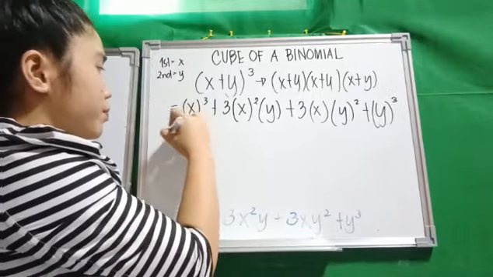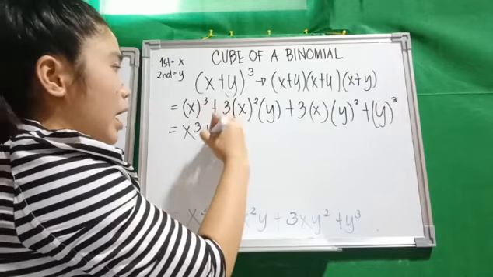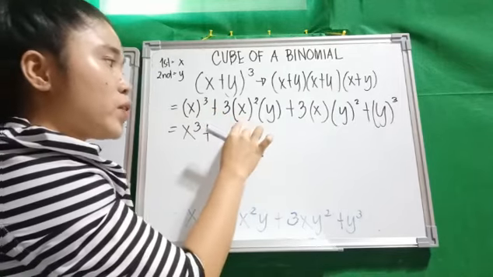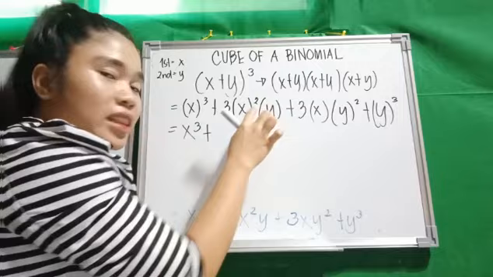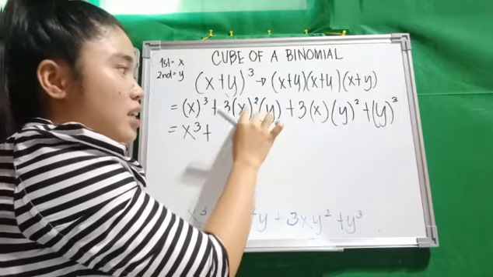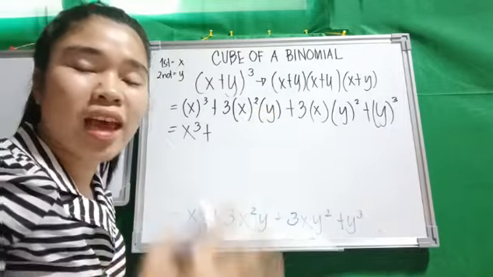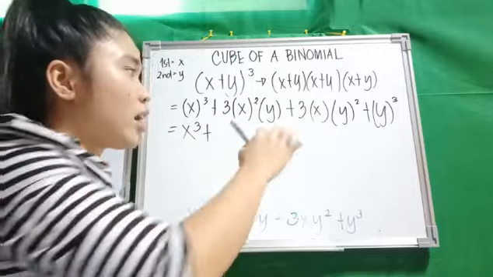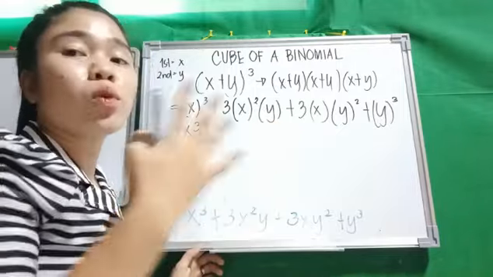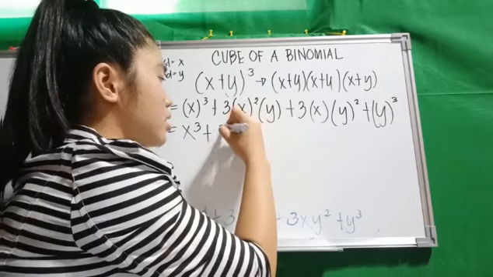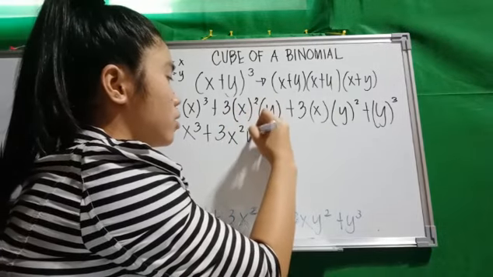So, we have x cube plus, okay, so eto na. Ano ba yung square ng ating x? Okay, so we have x square pa rin siya kasi x times x will give us x square times y. So, x square y times 3, it will give us 3x square y.